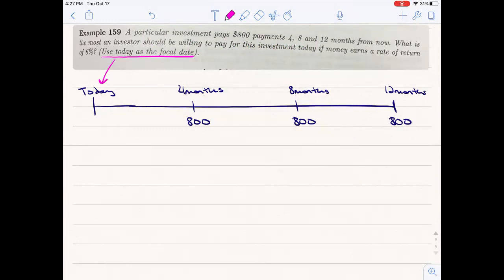If today is the focal date, right, that means that we're going to pull all these payments to today. Right? And so what I do, because it gets a little bit messy, is we want to have arrows going from each of these back to today, right?